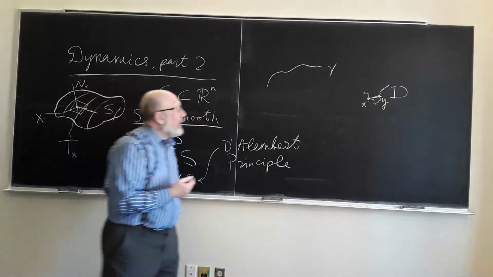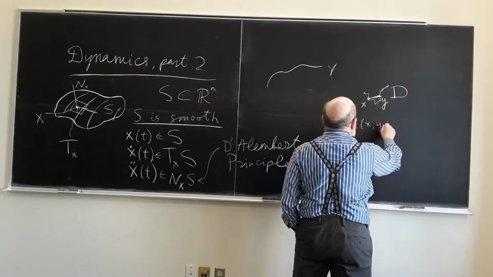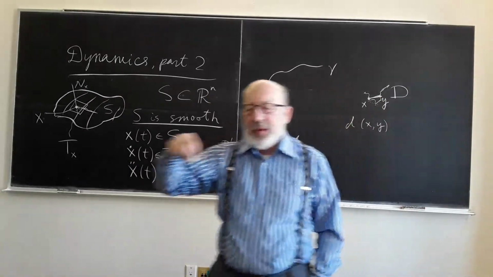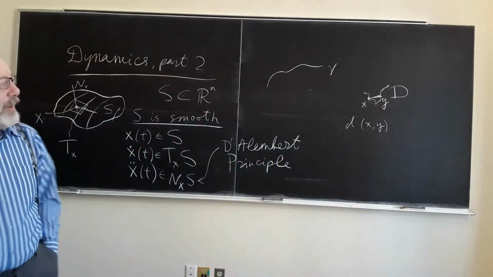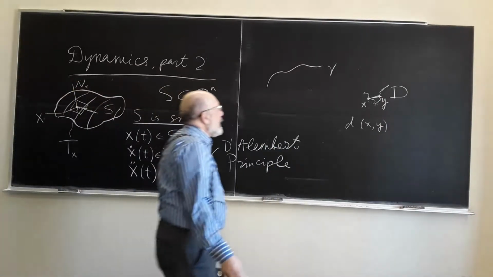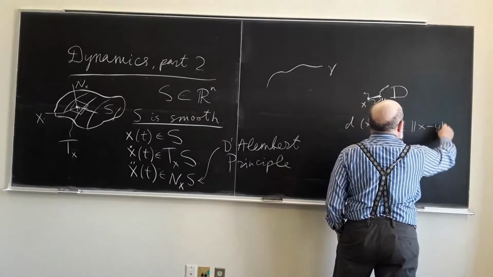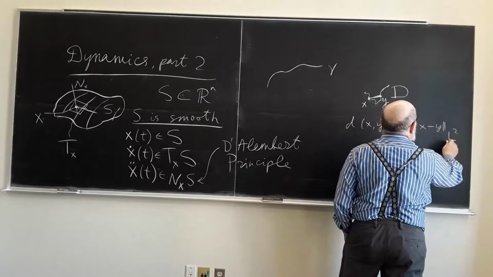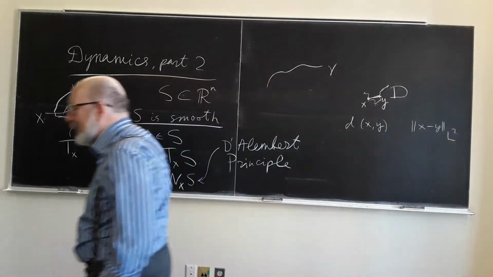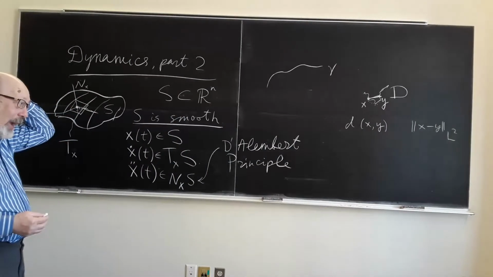So we have the D of xy. It is the infimum of the length of the curves which go along this set D and connect these 2 points. And we have simply the L2 distance between them, because the space which is ambient for this D is just L2.